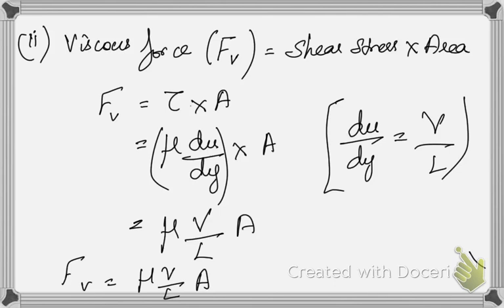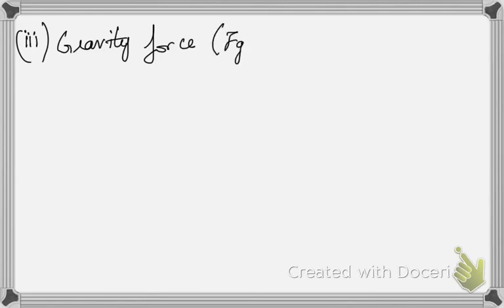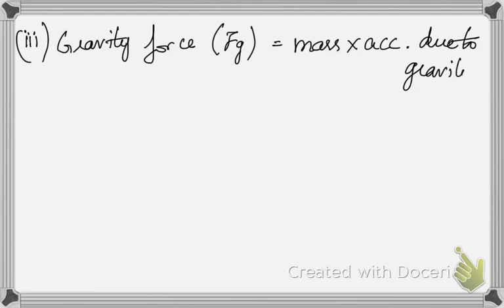This is the second force, and we are going to move towards our third force, which is gravity force. Gravity force is denoted as Fg. Because of gravity, if it exists, it is called Fg. Again, it is mass into acceleration due to gravity.